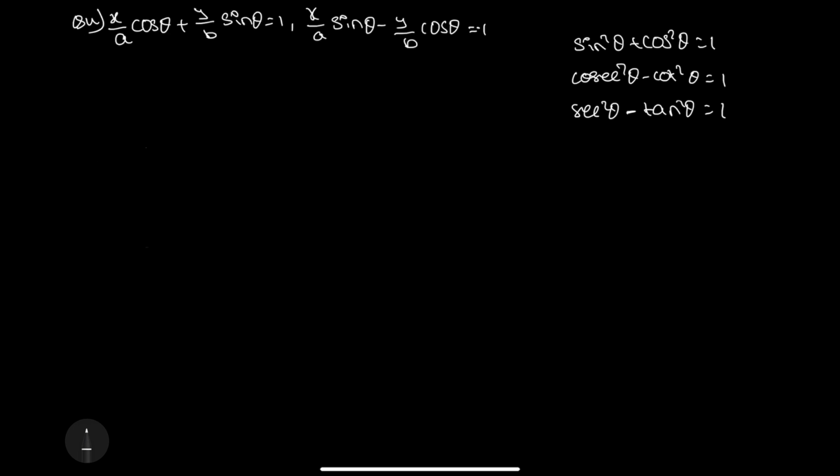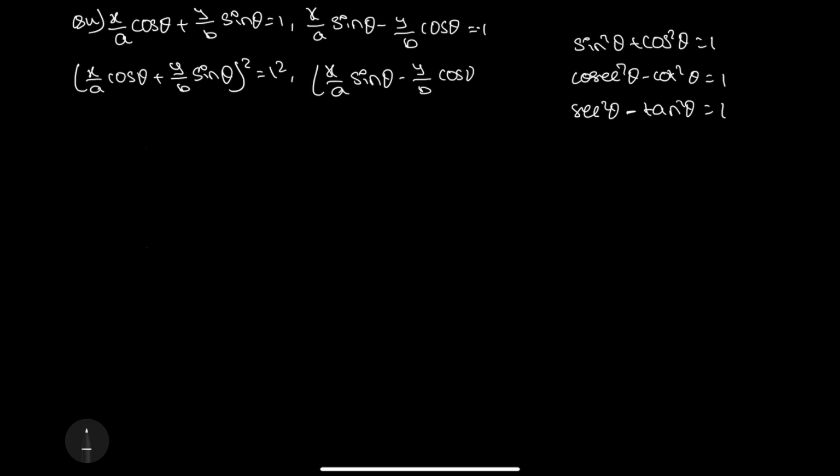Next, question number 4. Here also we have to apply square on two equations. We'll get x by a cos theta plus y by b sin theta whole square is equals to 1 square, and x by a sin theta minus y by b cos theta whole square is equals to minus 1 whole square. Let's expand this in the form of a plus b whole square.